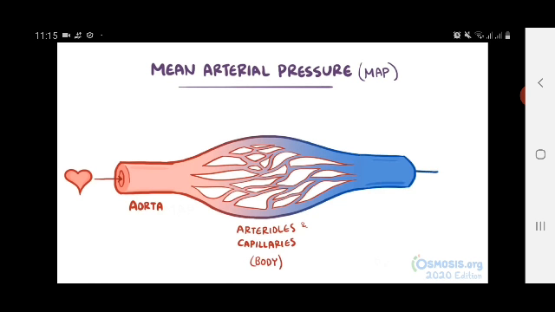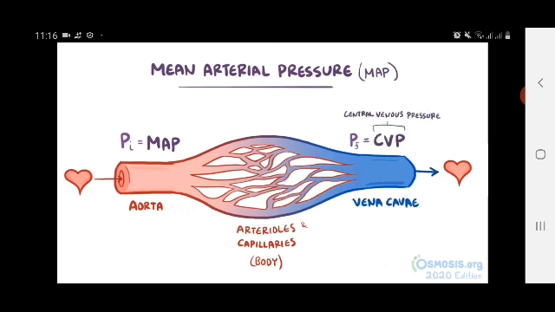And then the venous blood returns to the right atrium of the heart. So in this zoomed out view of everything, the initial pressure represents the pressure in the arteries, in other words, the mean arterial pressure. And the final pressure is the pressure in the veins, or the central venous pressure, or CVP, in the vena cava right before they enter the right atrium.